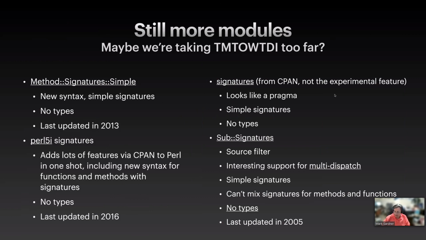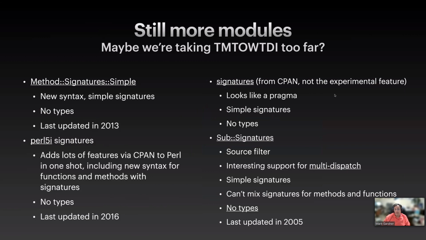Other languages have this where, depending upon the parameters you pass a method or function, it calls different code. So you pass it a string, you get one set of code. You pass it an integer, you get another function, etc. So sub-signatures supports that. So if you want to go with that model, maybe that's for you.